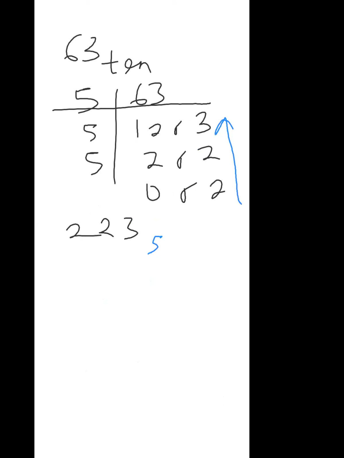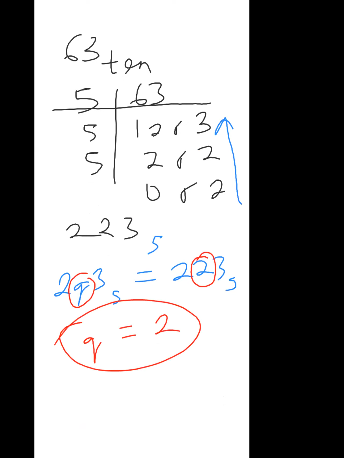We now have 2Q3 in base 5, of course, and that is now 223 in base 5. From what we can see, it is obvious. We can pick the value of our Q, which is the center number, and our Q is just 2. All right? So that makes sense in a way, of course.